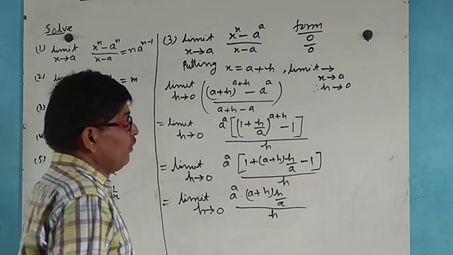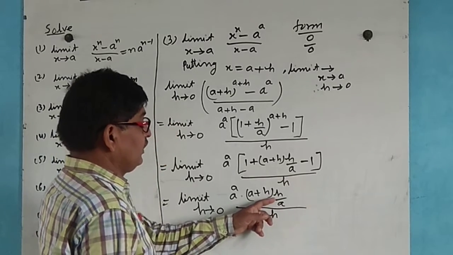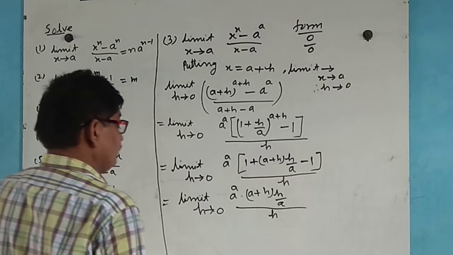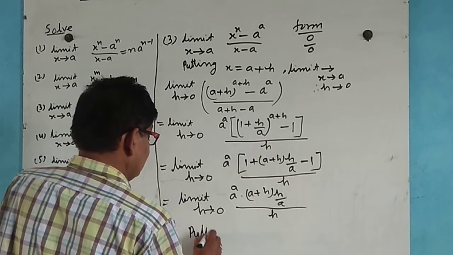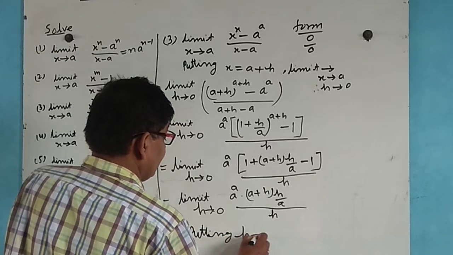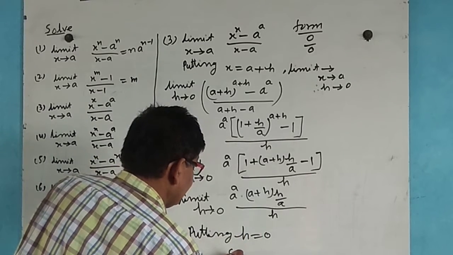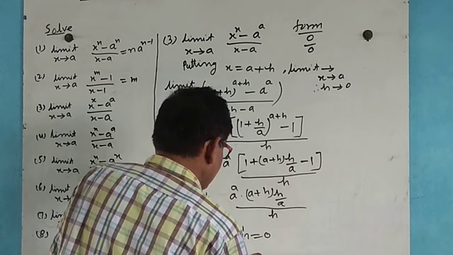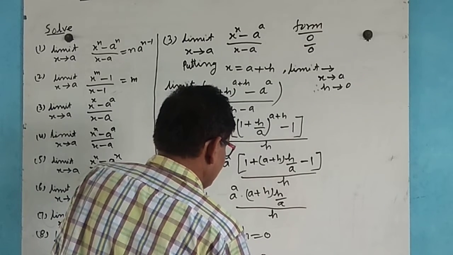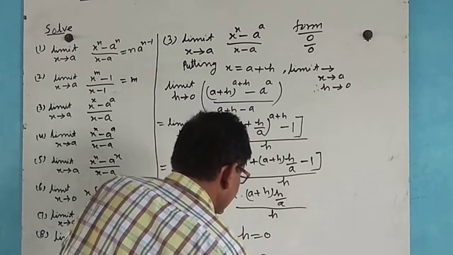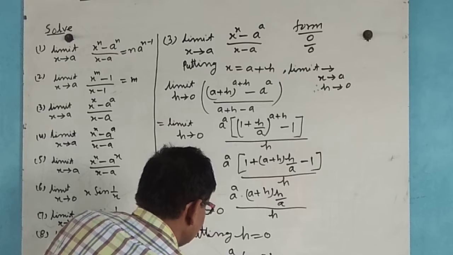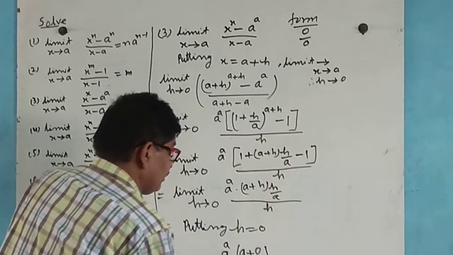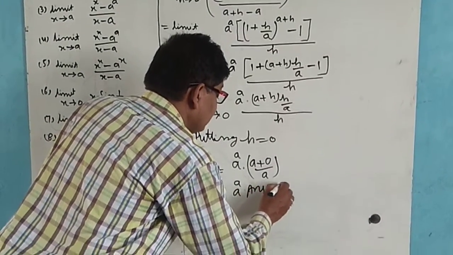Now h cancels, this h cancels, and a plus h by a, putting h equal to 0, this can be written as a to power a, and 1 h remove, this is 0, a plus 0 by a, this is a to power a, and if a by a cancels, so that this is only a to power a, answer.